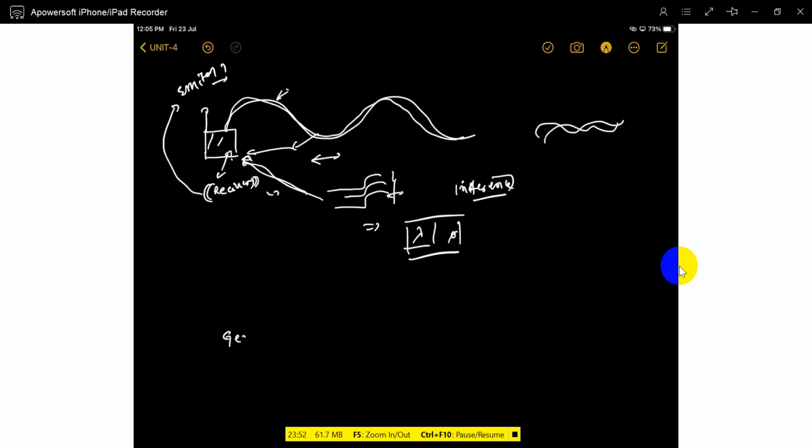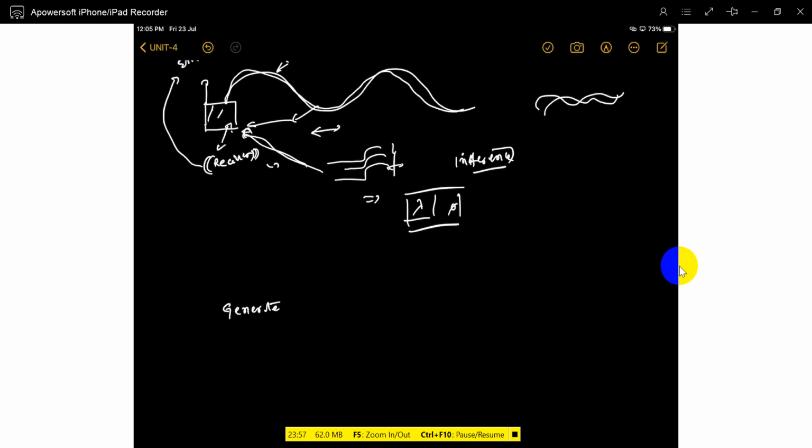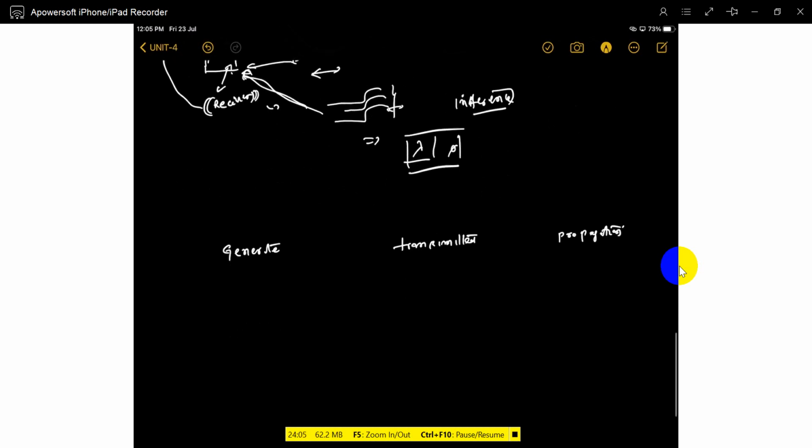A wave is generated, it is transmitted, it propagates, and once you put a reflector, it reflects, and at reception it receives, and then there is distance measurement.